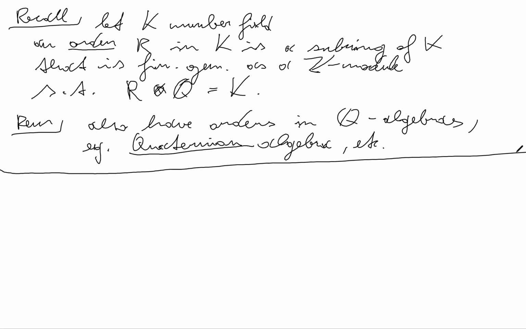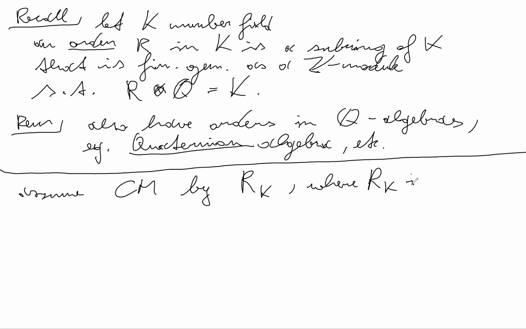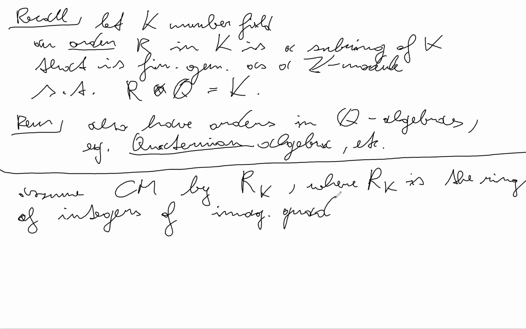Okay, now from here on out, let's assume, for simplicity, because this case is actually easier to analyze, that we have CM by R_K, where R_K is the ring of integers of some imaginary quadratic number field.